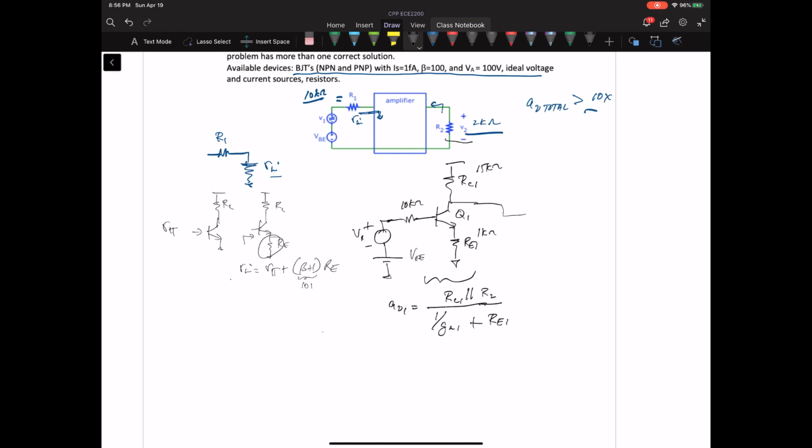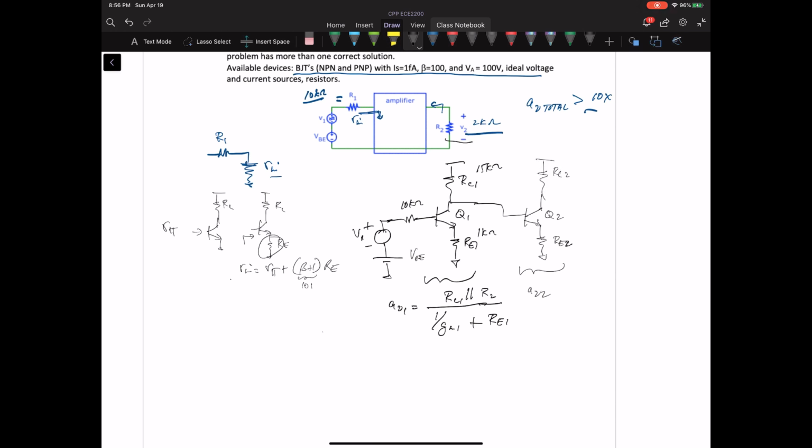I'm going to cascade. We talked about cascading, so we have one gain stage followed by another gain stage, which I'm also going to make degenerated, so I'm going to call that RE2, Q2, and RC2.